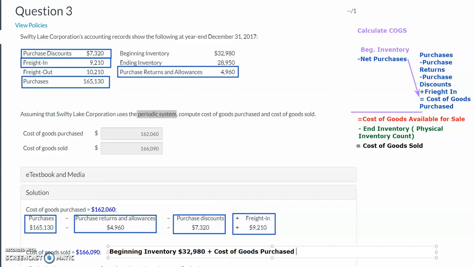So we have just determined this as $162,060. So that will give us our cost of goods available for sale.